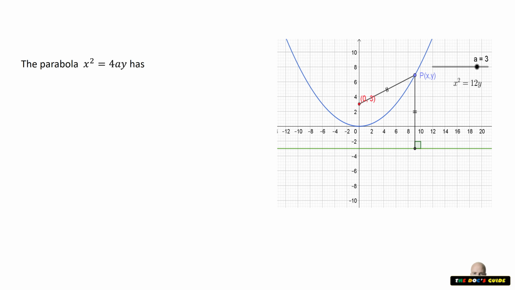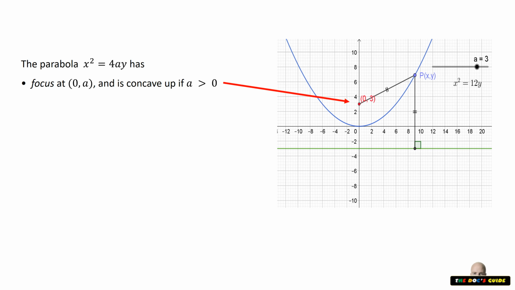So just revisiting some of this terminology because we need to make sure we get our head around it. So for the parabola x squared equals 4ay, so the example on the right, a is 3, so the parabola is x squared equals 12y. It's going to have a focus at 0a, and it's concave up if a is a positive number, if it's greater than 0.